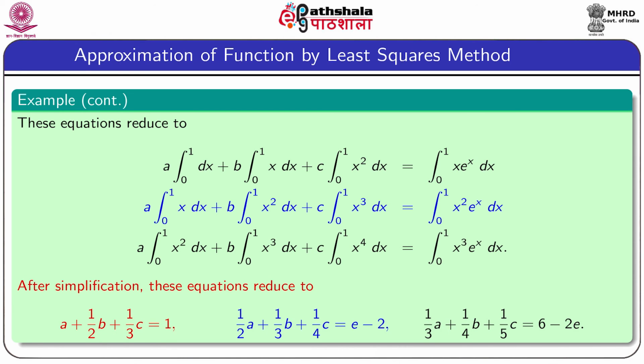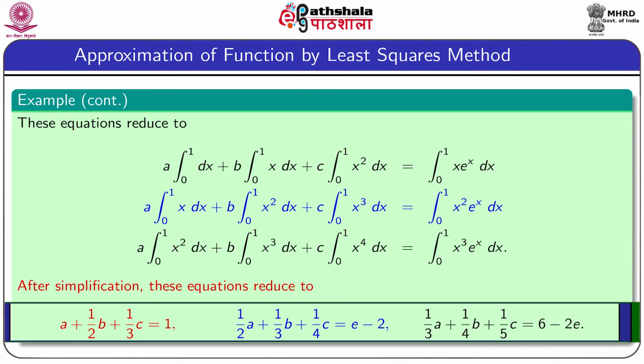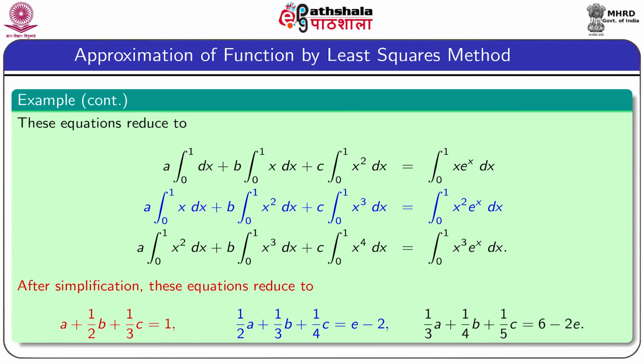After simplification, the first normal equation reduces to a + (1/2) b + (1/3) c = 1. The second normal equation becomes (1/2) a + (1/3) b + (1/4) c = e − 2. And the third normal equation reduces to (1/3) a + (1/4) b + (1/5) c = 6 − 2e.